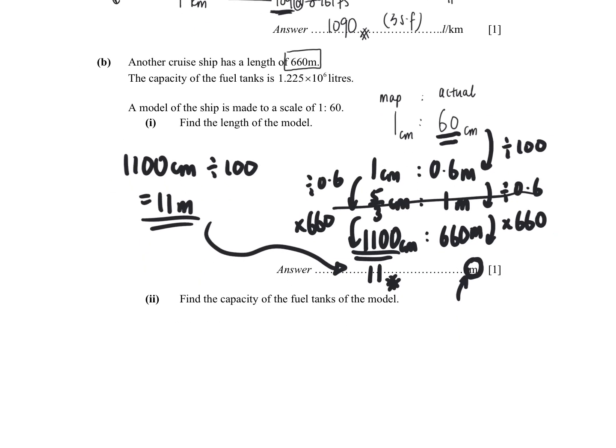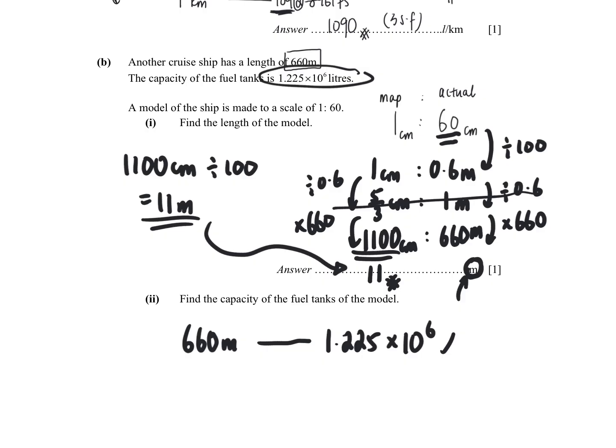Okay, then last one. What is the capacity of the fuel tank of the model? This one is for 660 meters. The capacity is 1.225 times 10 to the power of 6 liters. But now mine is 11 meters. So what is the capacity?